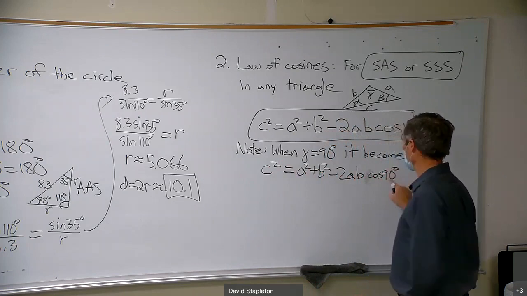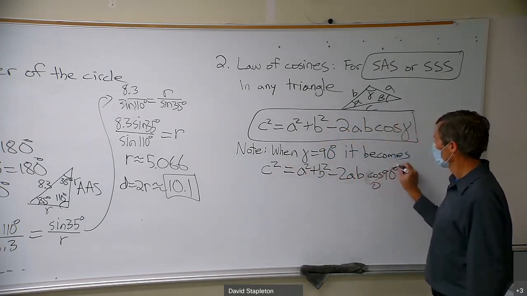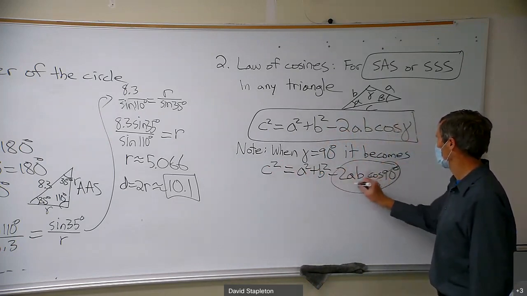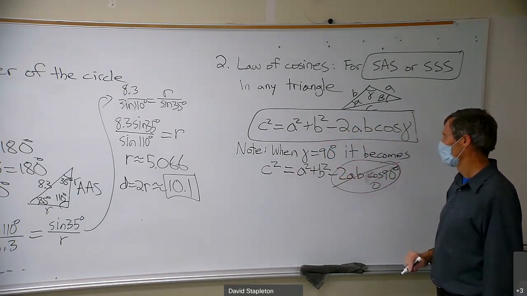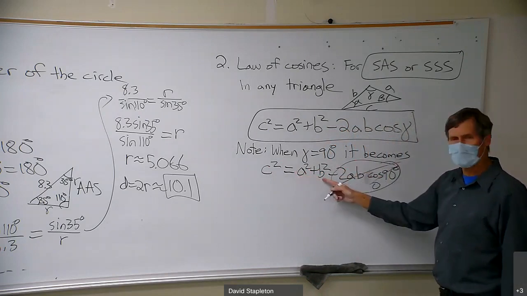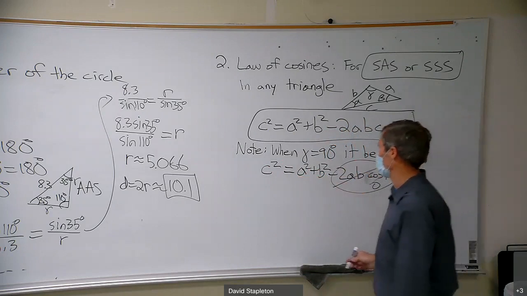But cosine of 90 degrees is 0, right? 0 multiplying anything else is 0. It's the Pythagorean theorem: C squared equals A squared plus B squared.